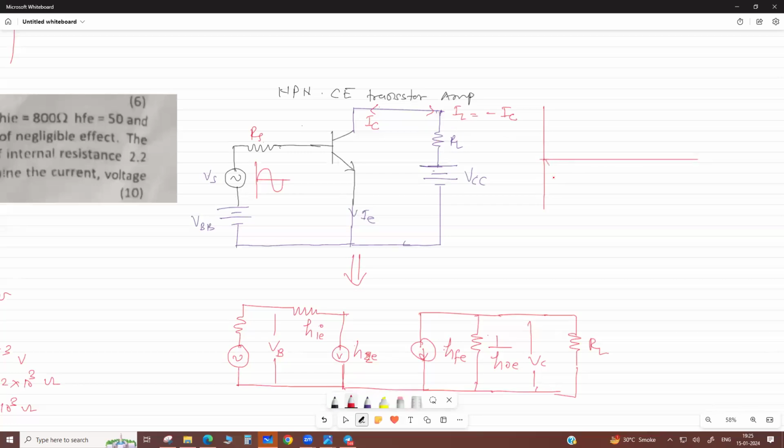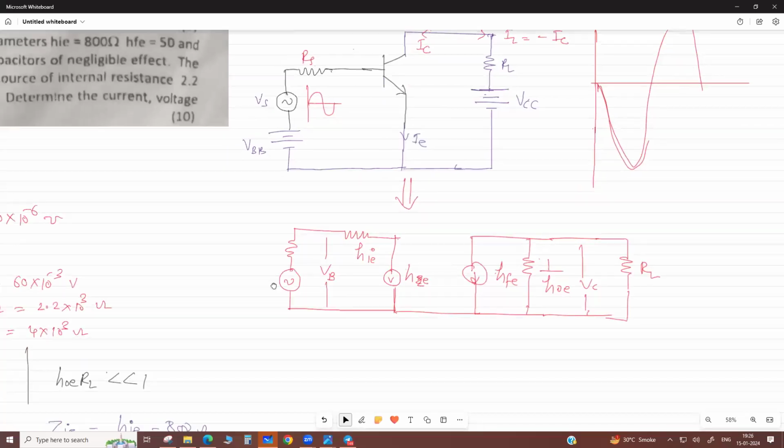The amplitude is increased, but it is inverted also. Clear? Amplified signal. Sir, if positive, it is just a normal sine wave, right? Yes, whatever signal you apply, a small signal will increase. In an amplifier, what does it do? It increases the amplitude.